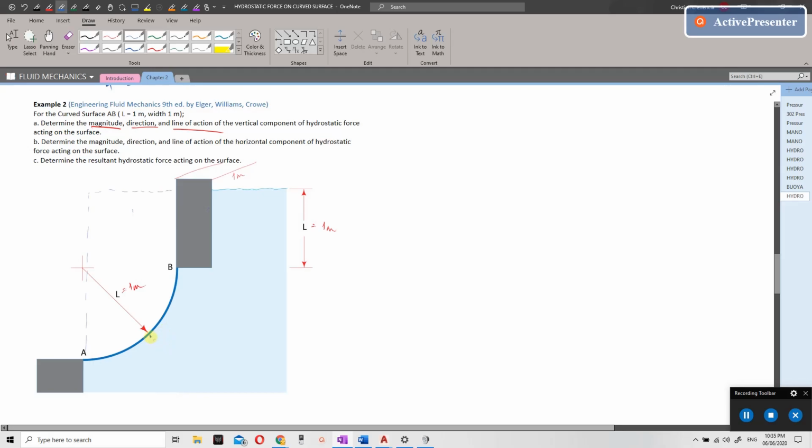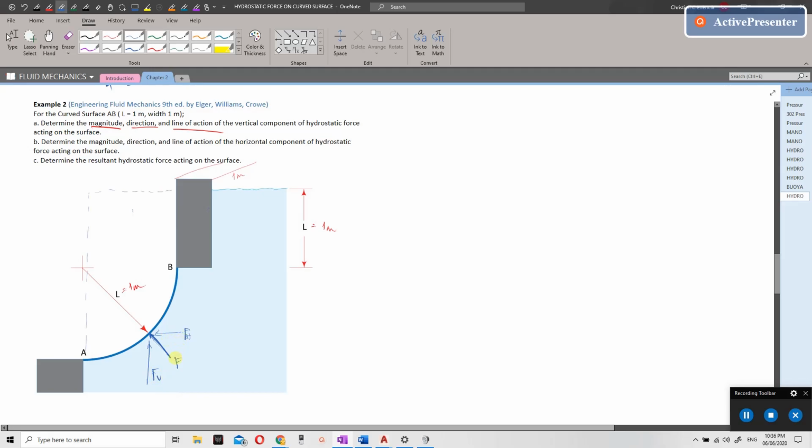So let's say this is our hydrostatic force F. We have a horizontal component and a vertical component FV.